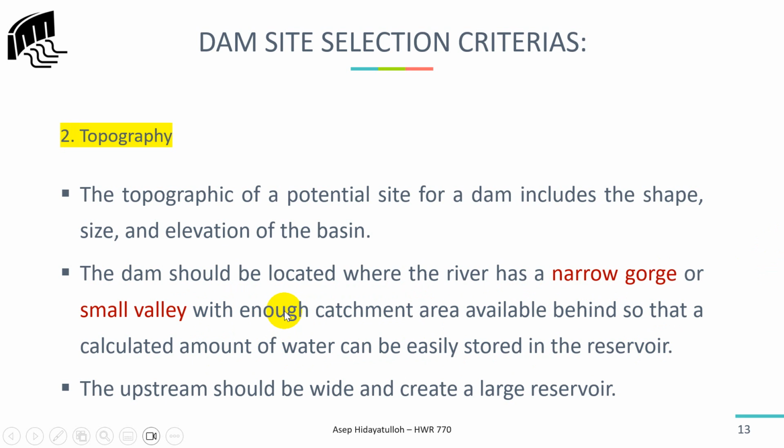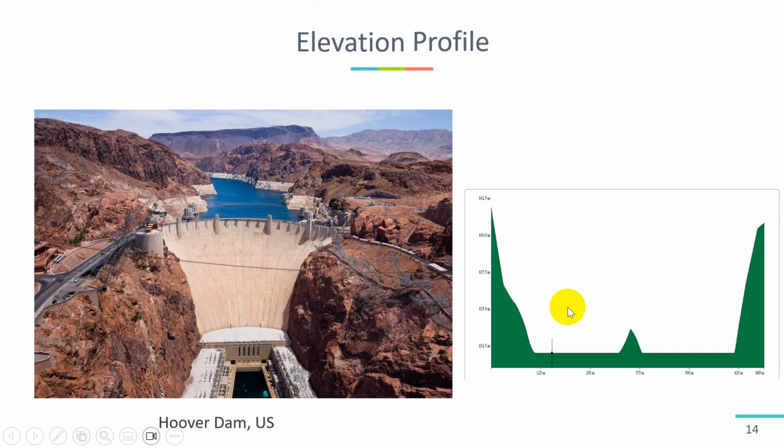And we also have to consider that the upstream should be wide and create a large reservoir. For example, this is Hoover Dam in the US. The dam site location is in the narrow gorge. And this is an example of an elevation profile. So this is a good location for the dam.